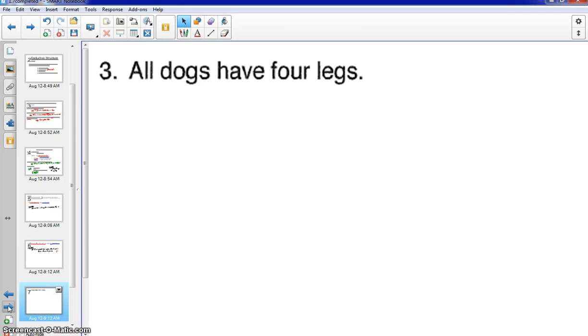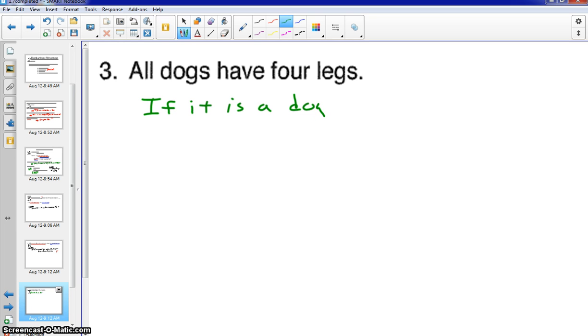Moving on to our third example, this is not in if-then format, so our first order of business would be to write that in if-then format. All dogs have 4 legs. So if-then format, if it is a dog, then it has 4 legs.